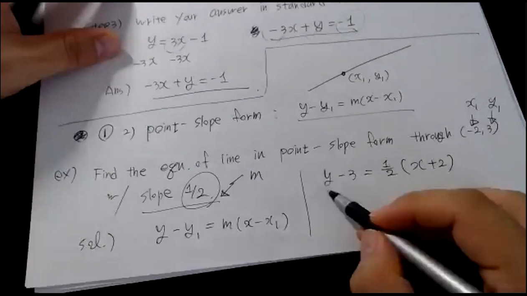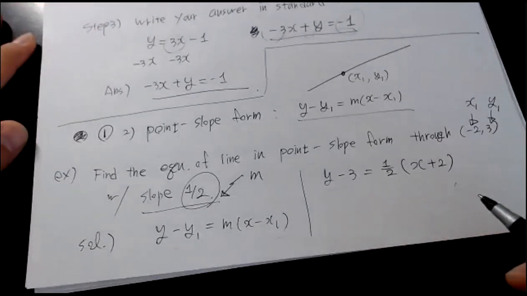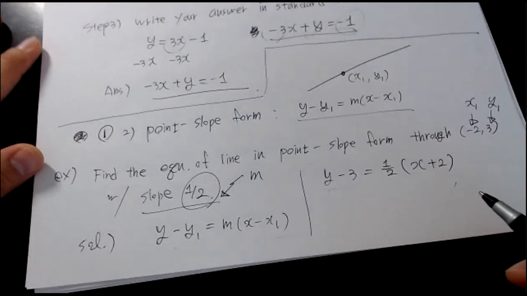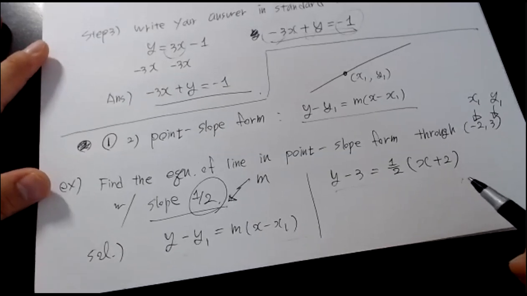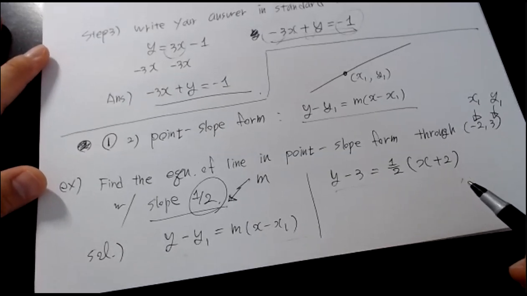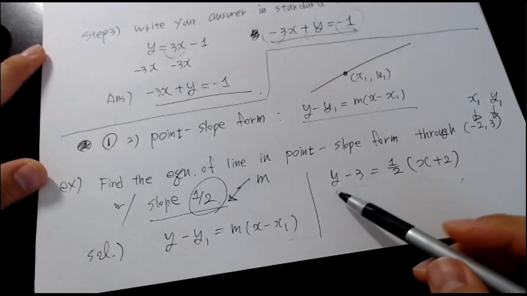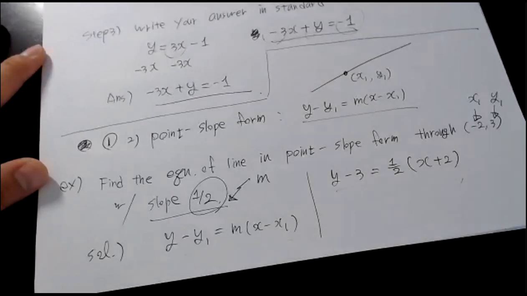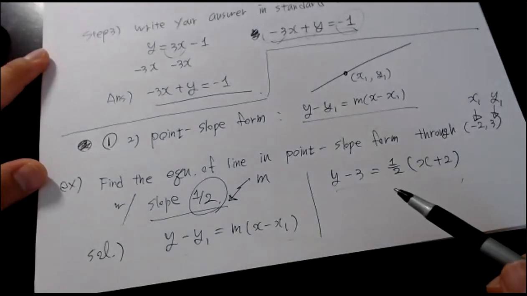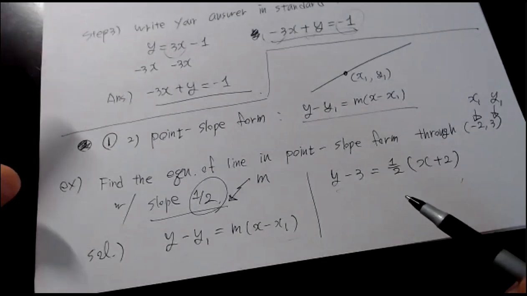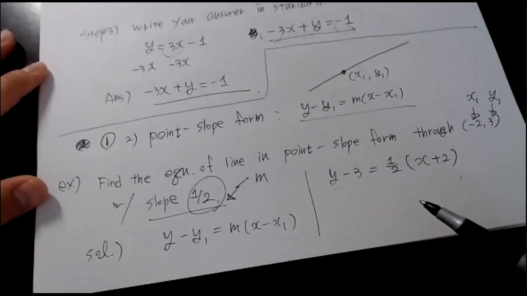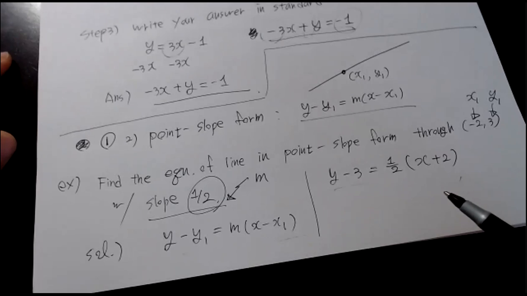Once you got this, this is the answer. But sometimes you may need to simplify it. I mean, you may need to isolate y to figure out the y-intercept. So that's why I don't like this form, and I prefer to use the slope-intercept form.